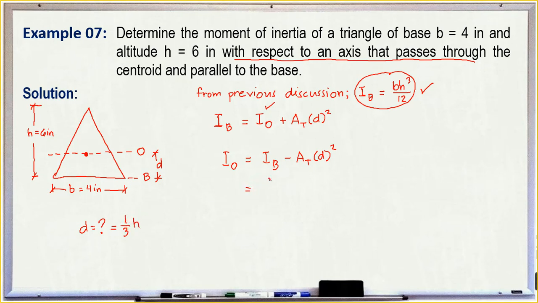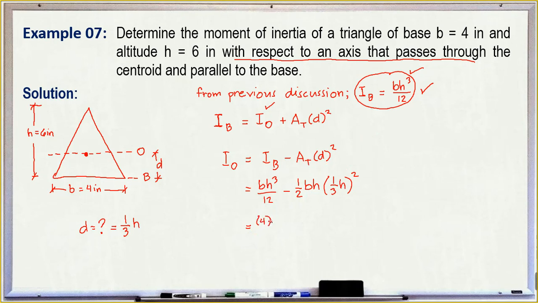We apply it. So the moment of inertia of the triangle along the base, we already have the formula. So we have bh cubed all over 12 minus the area of the triangle, which again is 1/2 base times height, and then the distance is 1/3 of the height, squared. So we substitute. The base is 4 inches.